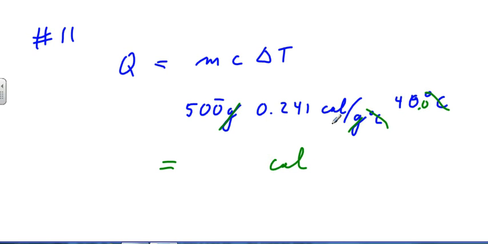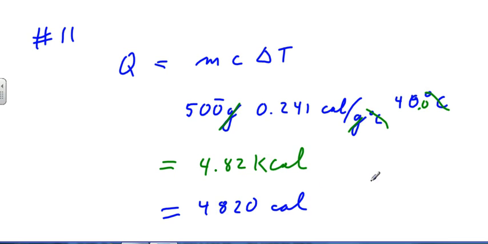So I have 3 significant digits everywhere. 500 times 0.241 times 40. And I have 4.82 kilocalories. Okay, now I could have written that as 4820 calories. I could have written that either way.